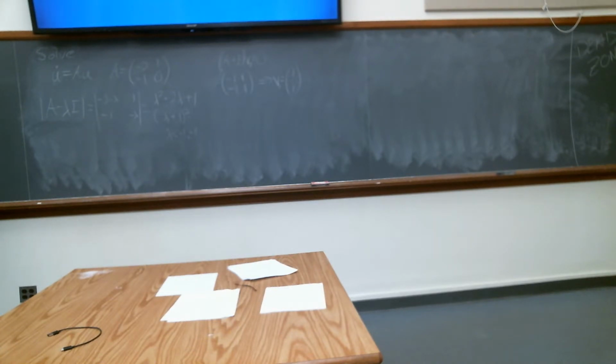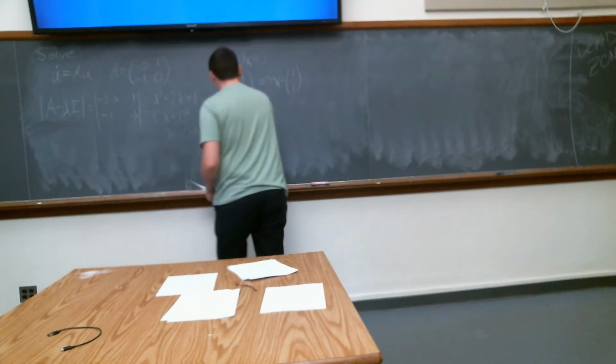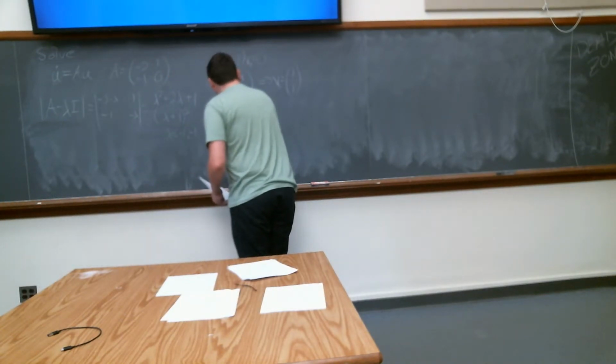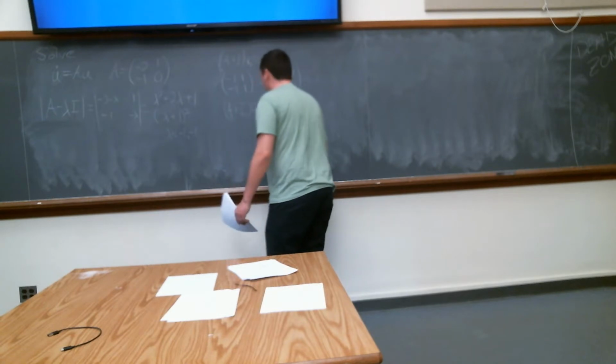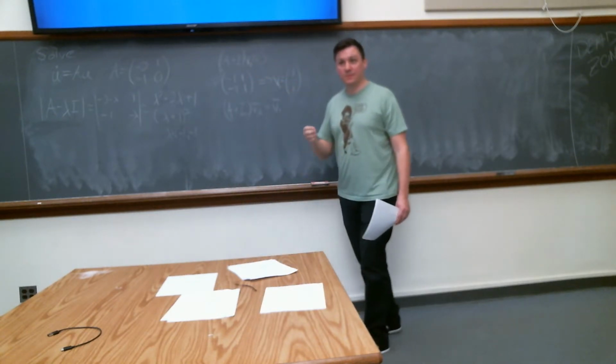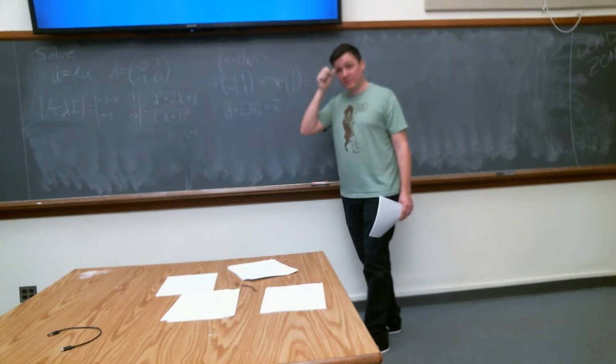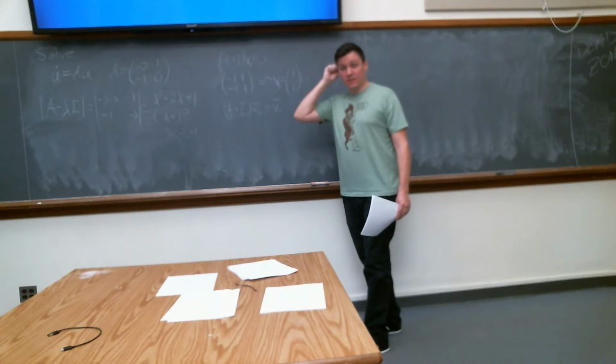So the idea is now, how do we get a second eigenvector? If you do this kind of matrix of A plus I times V2 equals V1. He never put that in the notes. He had us do this really long integration method thing, but can we just do that? You could just do that.